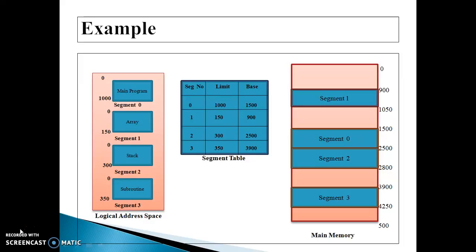In this diagram, segment 0 is loaded in the main memory from 1500 KB to 2500 KB. So 1500 KB is the base and the difference between 2500 and 1500, that is 1000 KB, is the limit.